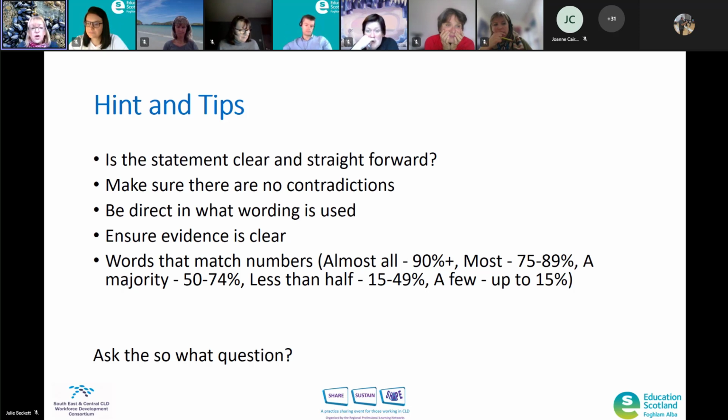And back to the all-important so what question. So if you have written something and you can't answer the so what question, then perhaps you need to go back and tweak it slightly and use your colleagues as well. Use other people who are around that you're working with. Give them the statement and say to them, well, what do you make of that?